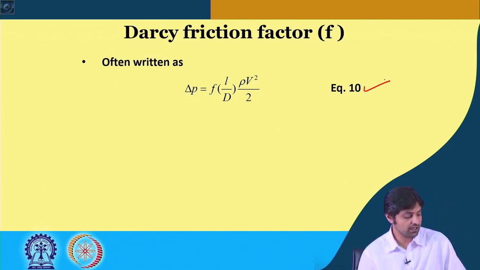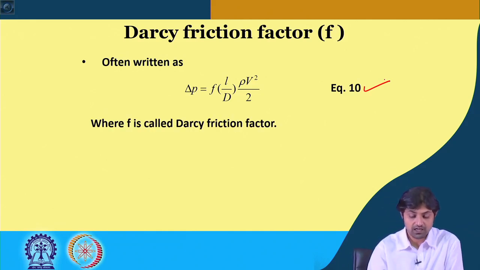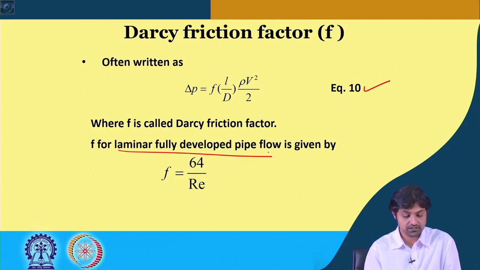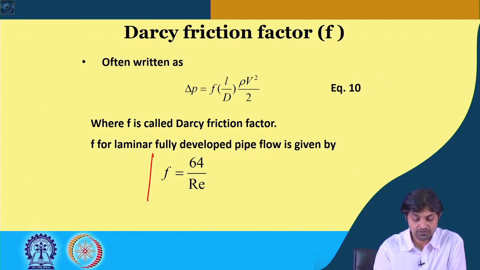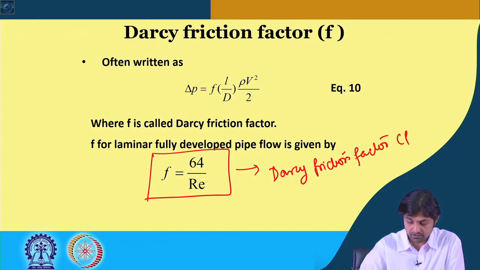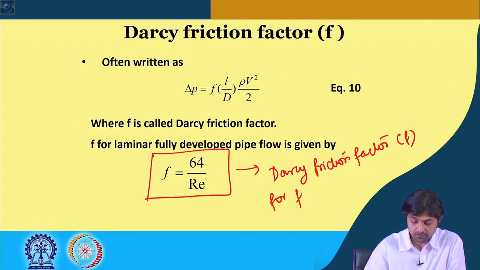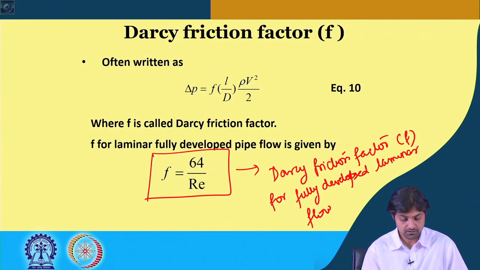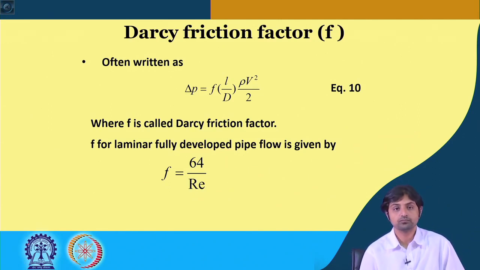With this equation number 10 analogy, we say that Darcy friction factor F for fully developed laminar pipe flow is given by 64 by Re, and you must remember this. All right. This is equation number 11.